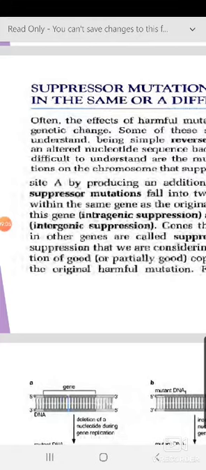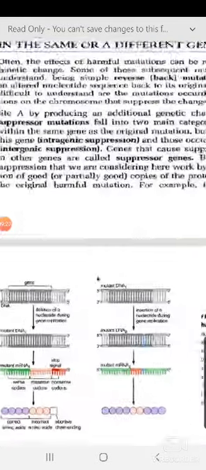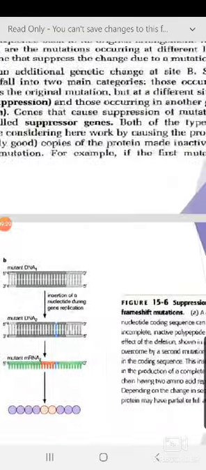That we call intragenic. Another one is intergenic, that means a mutation takes place in one gene, but another mutation in some other gene may restore the first gene's function back. That we call intergenic.